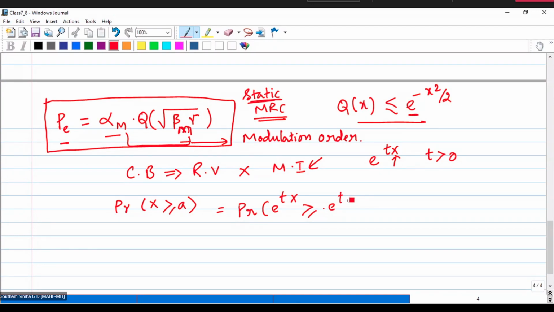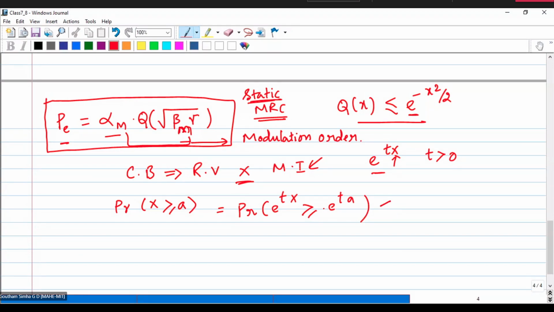What does it mean? The generic Chernoff bound of a random variable x is attained by Markov inequality applied to e to the power of tx for every value of t greater than 0. The probability of x greater than or equal to a can be written as the probability of e to the power of tx greater than or equal to e to the power of ta.